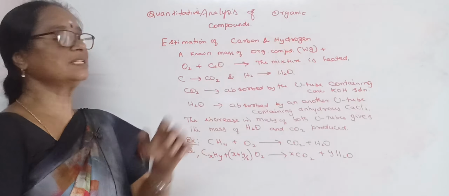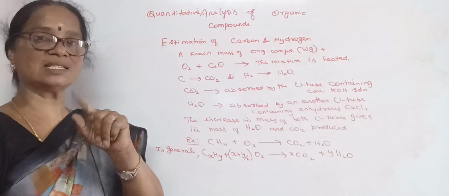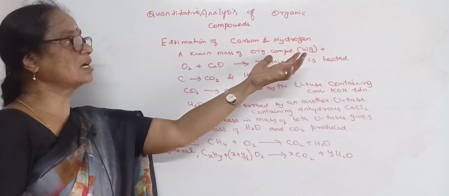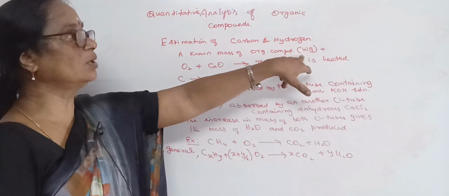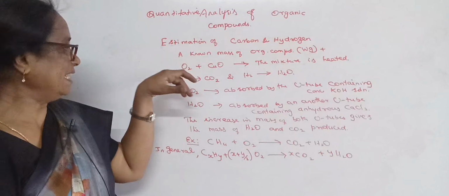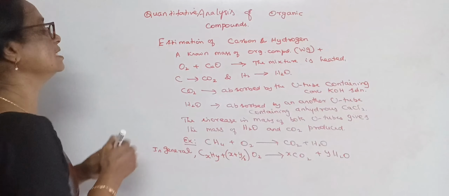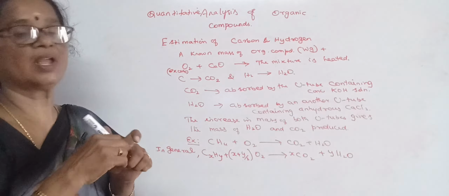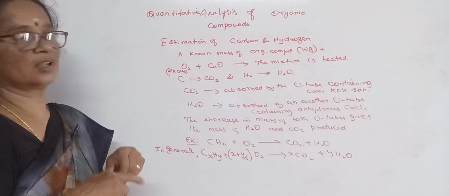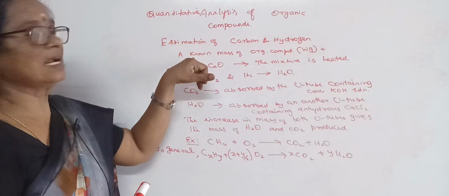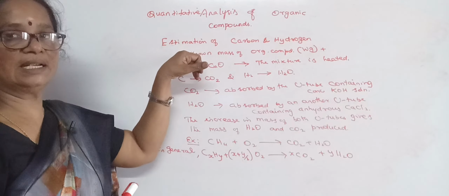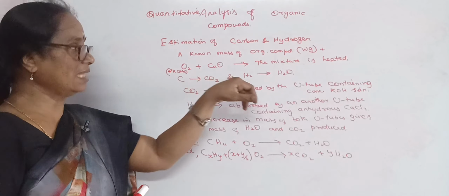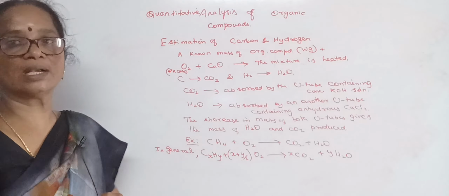Both of the elements can be estimated by a simple experiment, in which a known mass of organic compound, say W gram, is heated with excess of oxygen, where the carbon is oxidized to carbon dioxide and the hydrogen is oxidized to water.